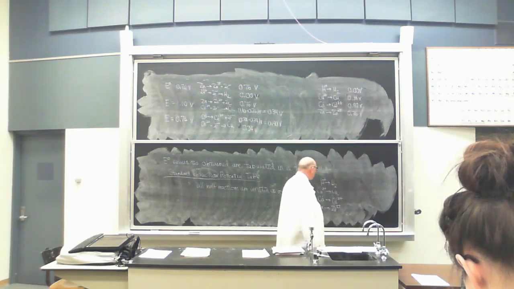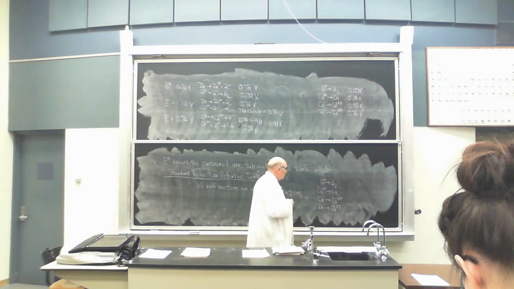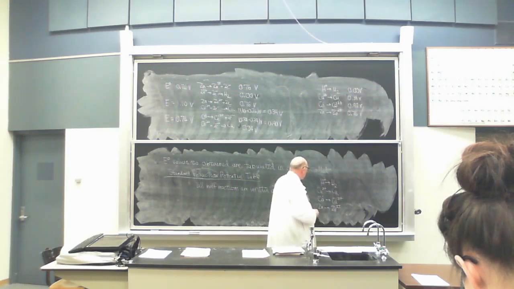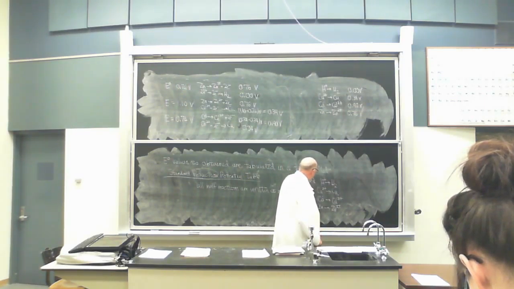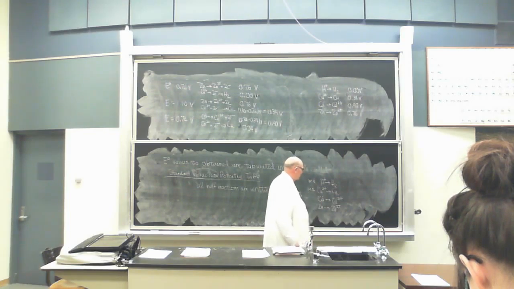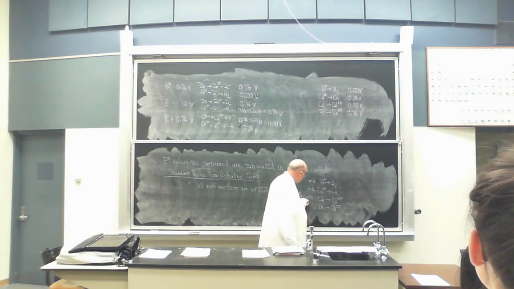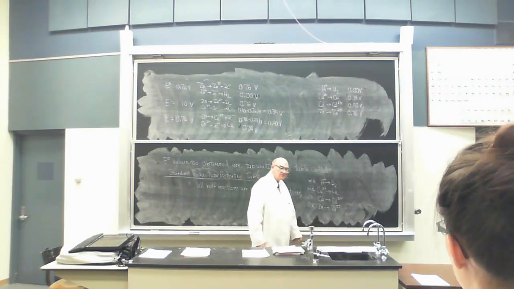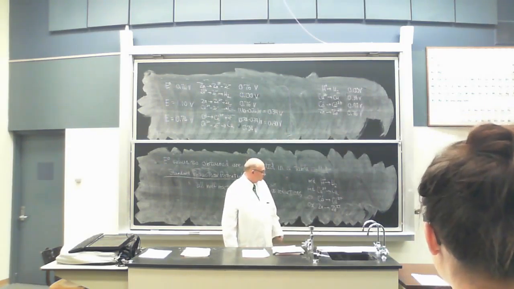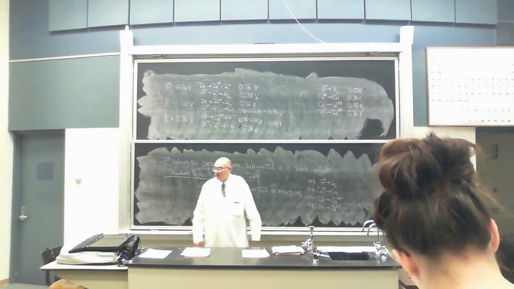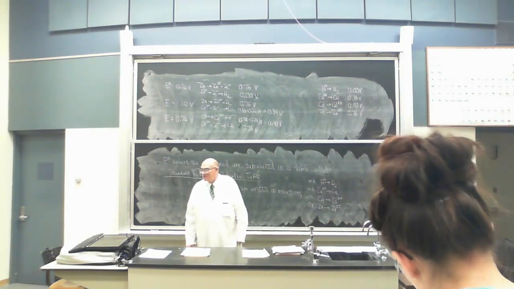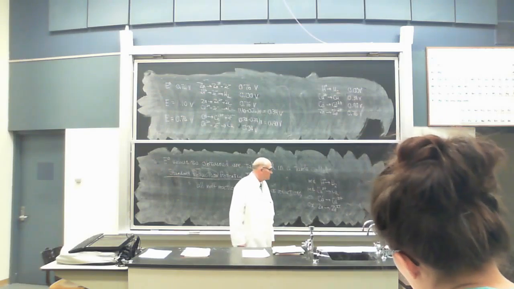So we got these four here. This is a reduction. This is a reduction. This is an oxidation, and that is an oxidation. Those last two involve loss of electrons. Loss of electrons is oxidation.